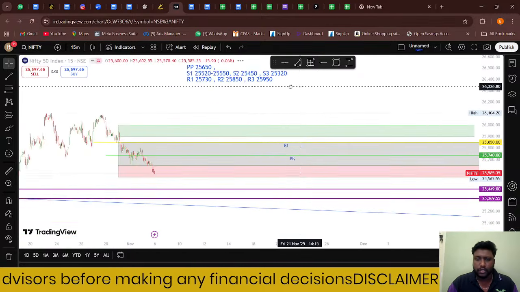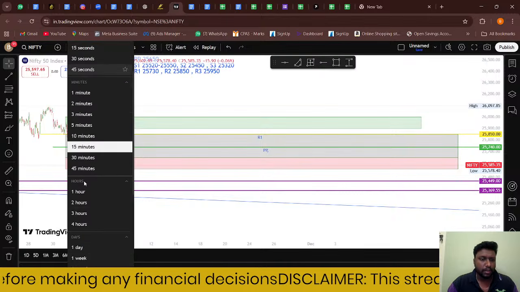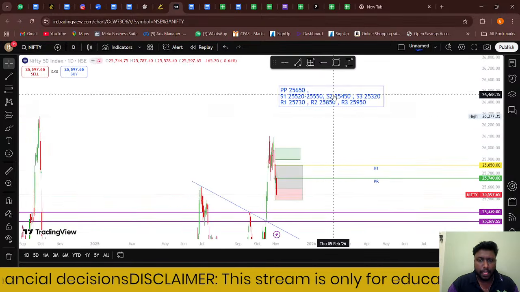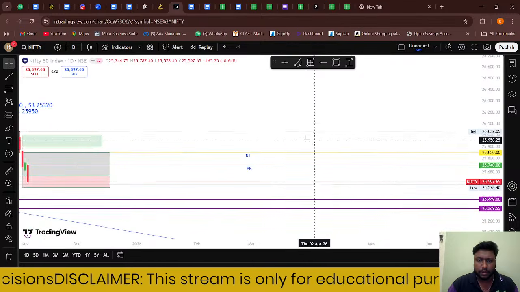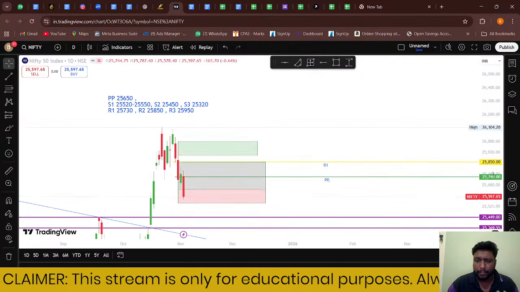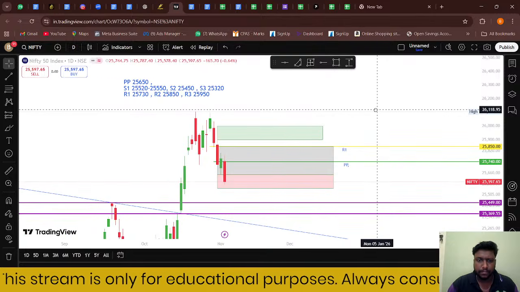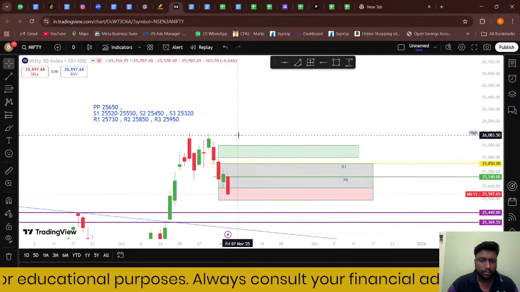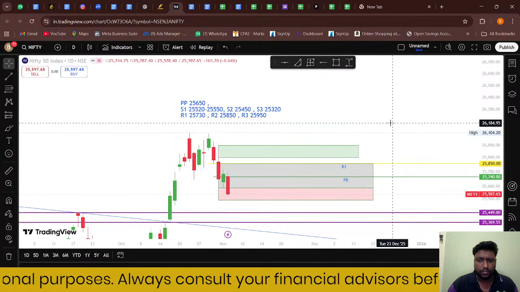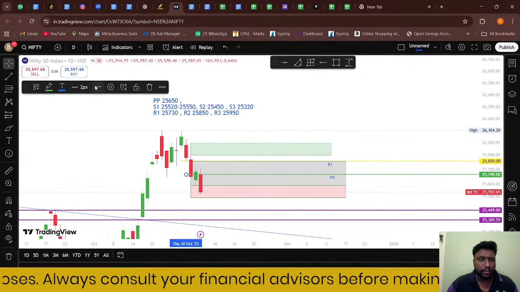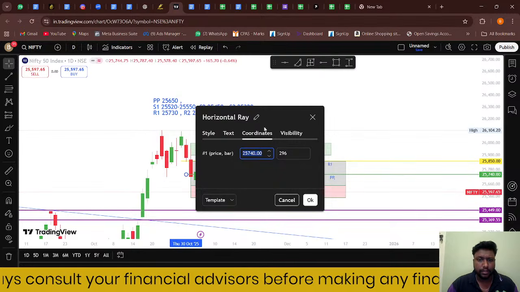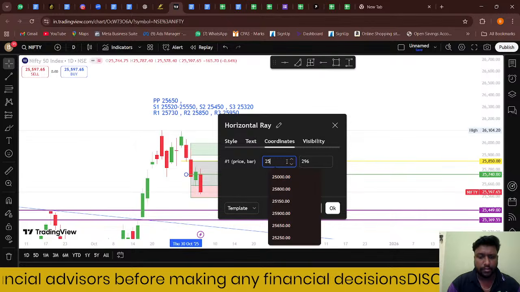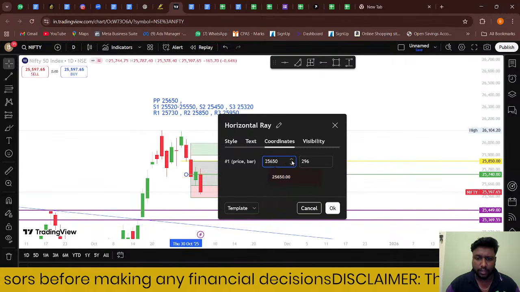So let's zone this out quickly. Let's change it to the 1 day time frame for a quick note. I hope this is all visible to you guys. Let's quickly mark the pivot line first. 25,650 is our pivot line for the day.